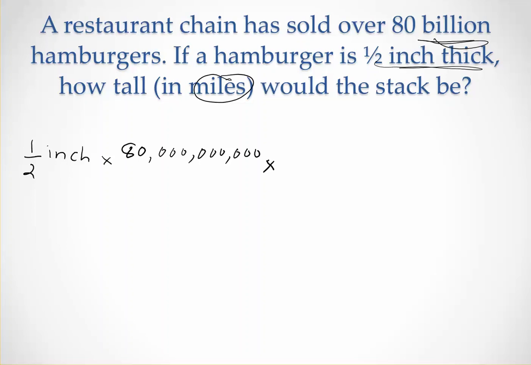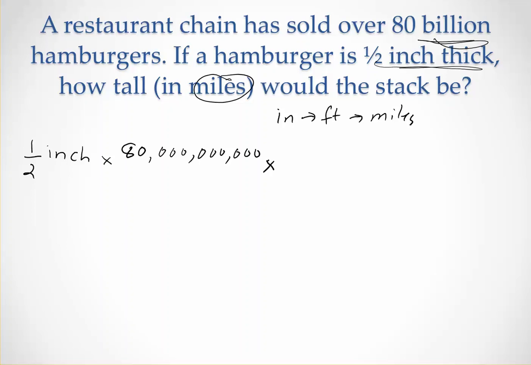And then we know that the hamburger is a half an inch thick. What we want to do is go from inches to feet to miles. Nothing saying that you can't go into your favorite search engine and look for a conversion factor between inches to miles, but here we're gonna take it the long way.